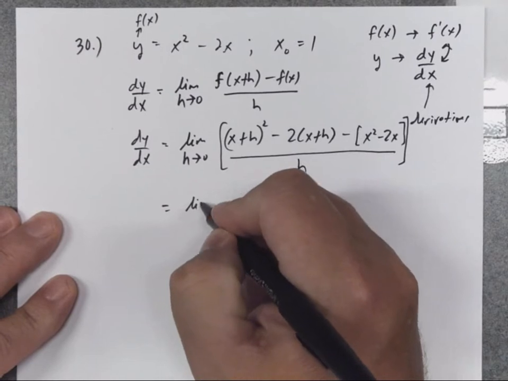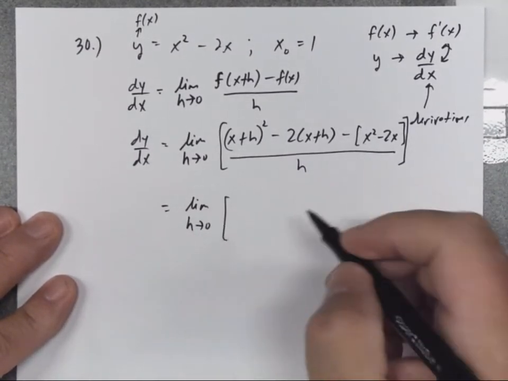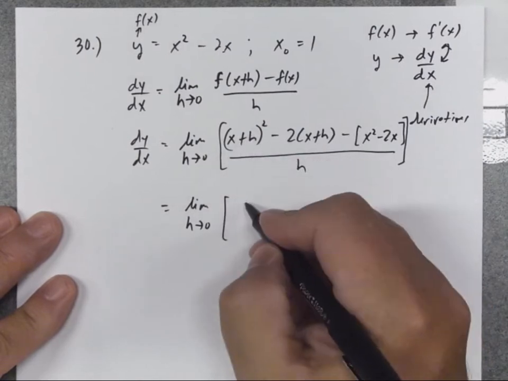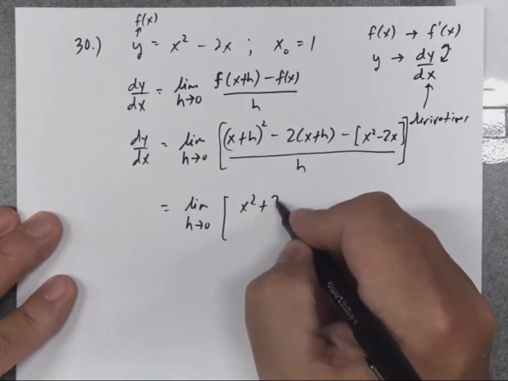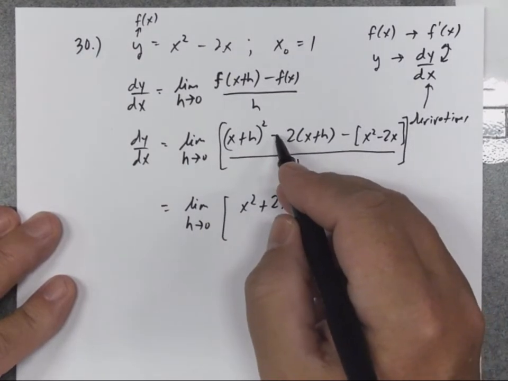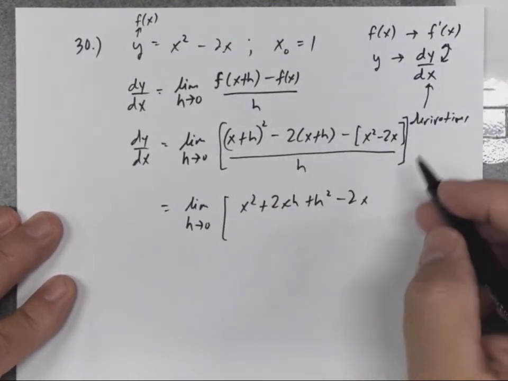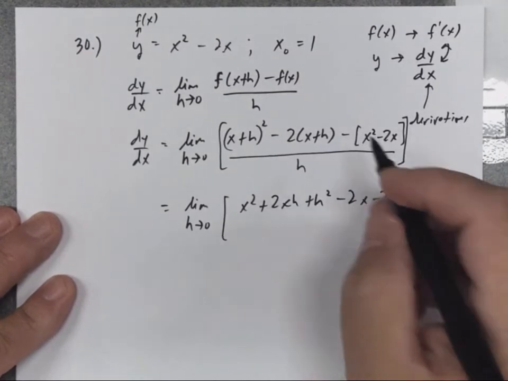Now, got to multiply out all these parentheses. See what happens. I got to FOIL this. X squared plus 2xh plus h squared. Be careful here, minus 2x minus 2h.